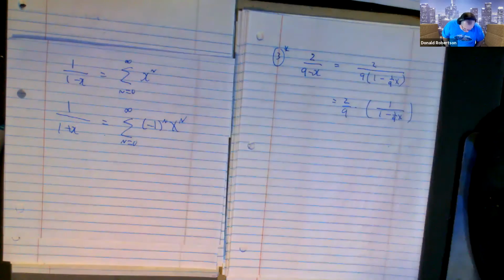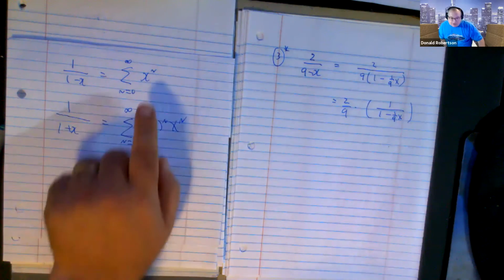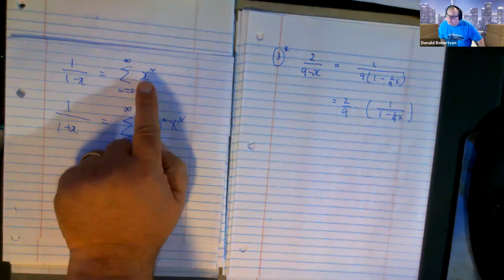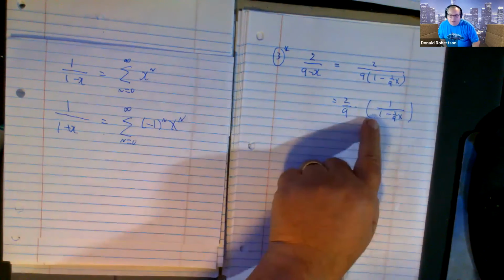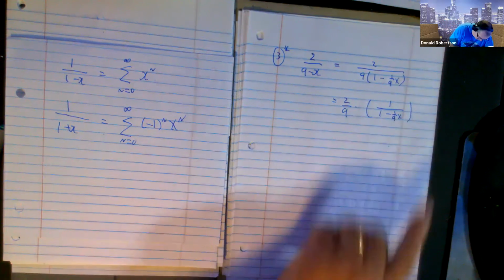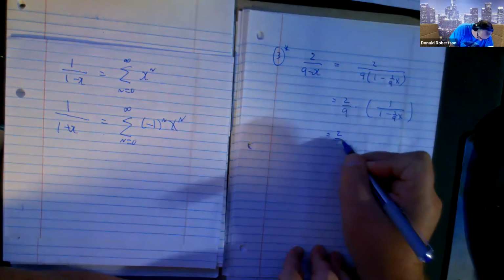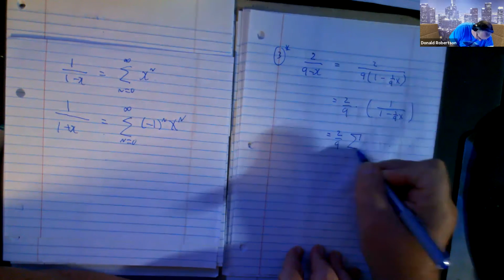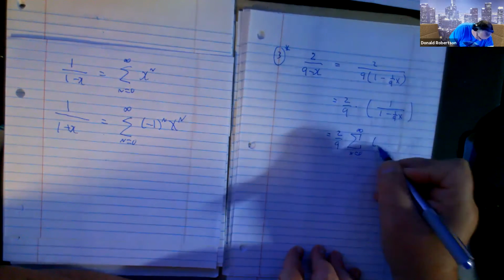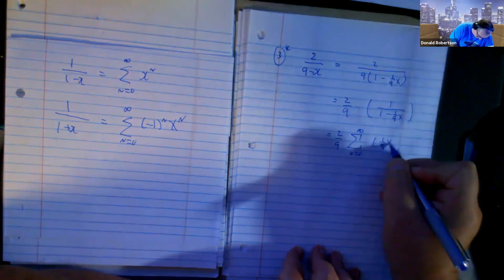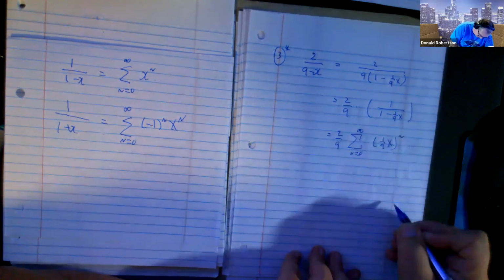Now, what's the guy he belongs to? Would you agree he's in the family of the top one? So that means the x is going to be replaced by 1/9. So it's going to be 2/9 sigma n equals 0 to infinity. Replace the x with that guy.